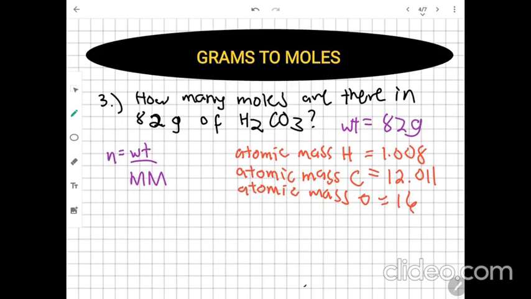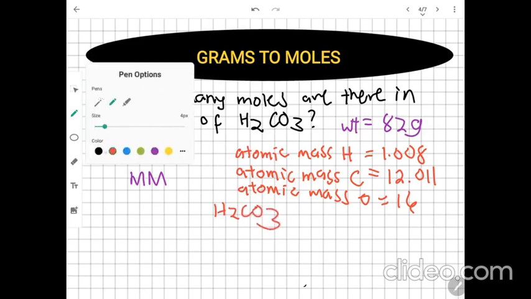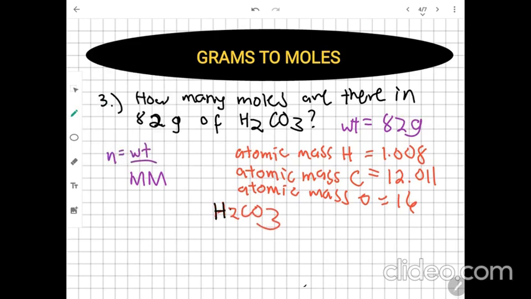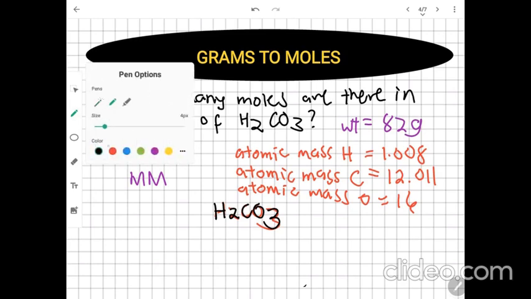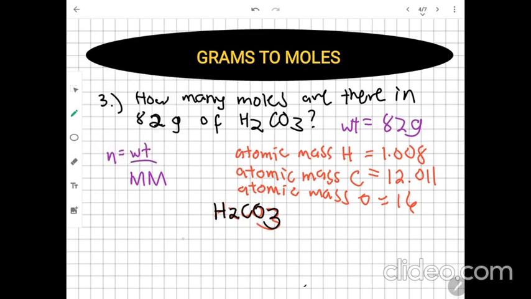So now let's solve for the H2CO3, this compound here. For our H2CO3, we have here 2 hydrogens. So 2 times the atomic mass, or the molar mass value for hydrogen, which is 1.008, plus you have here 1 carbon atom, so 1 times 12.011, plus for our oxygen, we have here 3 oxygen atoms, so 3 times 16.